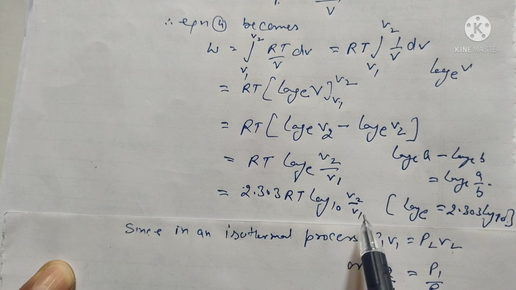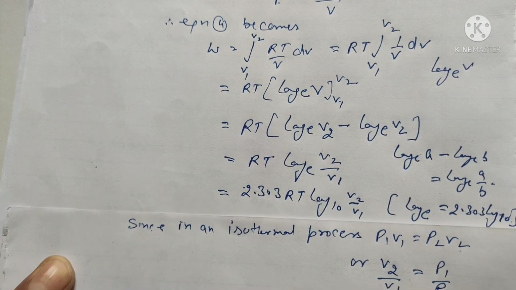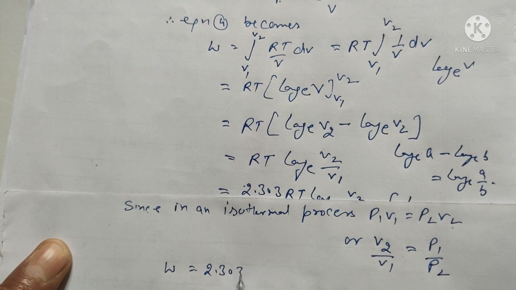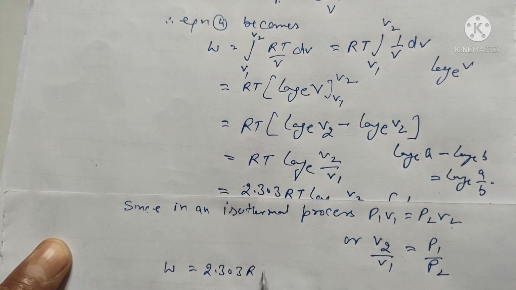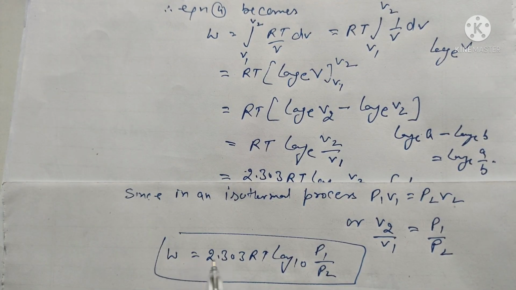So we put P1 over P2 in this equation. We get work done equal to 2.303 RT log of base 10 P1 over P2. This is the expression for work done in case of an isothermal process.